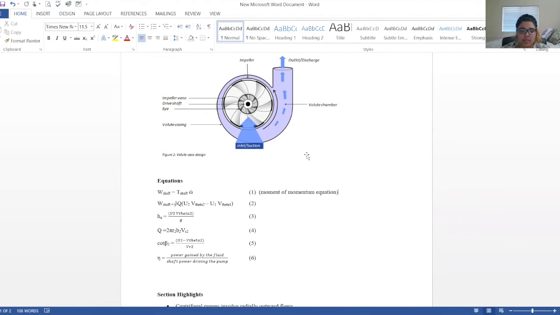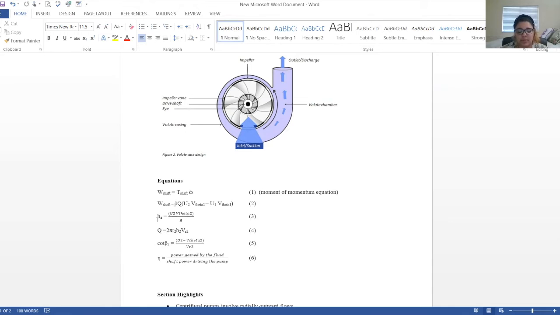Here you can see a list of equations that relate multiple variables when we're solving a problem that includes a centrifugal pump. In this case, V theta 1 and V theta 2 are the tangential components of the absolute velocity. HA right here is the actual head rise of the pump.